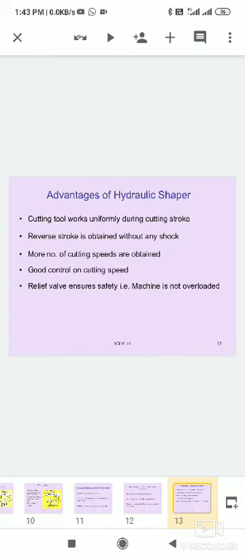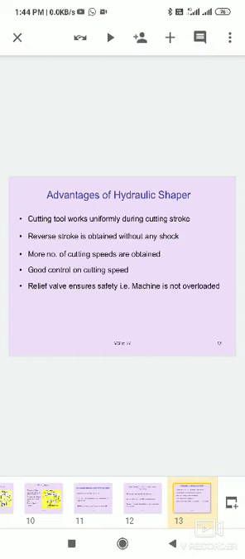The action of the hydraulic shaper is considerably smoother than that of a mechanically driven shaper. Cutting speed is nearly constant throughout the stroke and the full capacity of the cutting tool is utilized. Reversal of the ram is smooth and there is less inertia of moving parts.